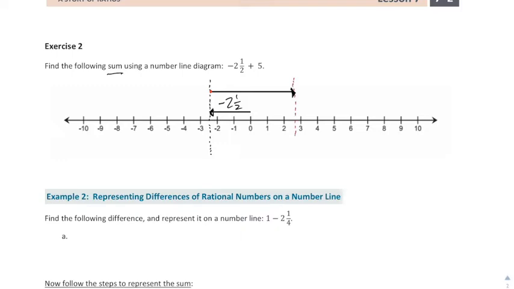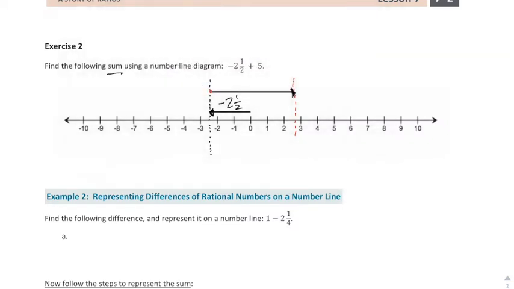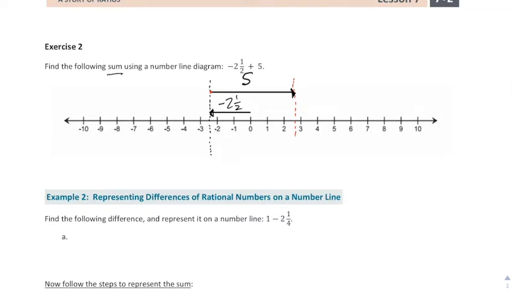And you can see that it wasn't that exact, but knowing that I went negative 2.5 in that direction, 5 in this direction, I am 1, 2, 3, 4, 5, and that is 2 1/2.